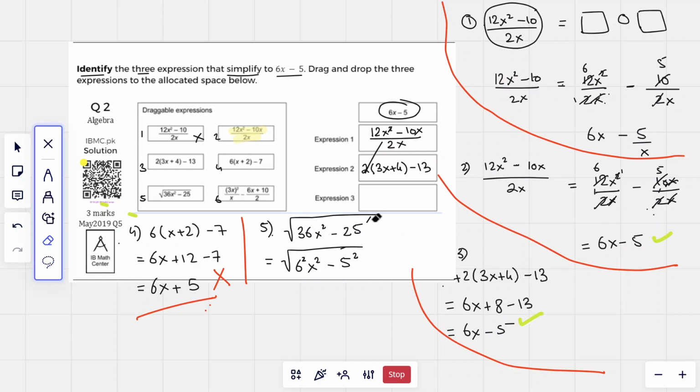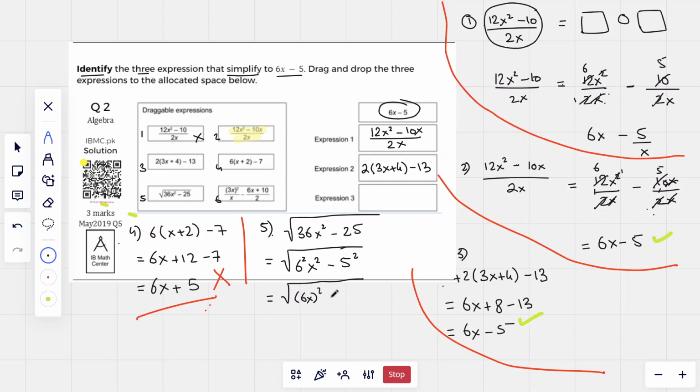So what can I do now? I've got 6 square x square minus 5 square. Well, I know 6 square x square can be written as 6x whole square minus 5 square.